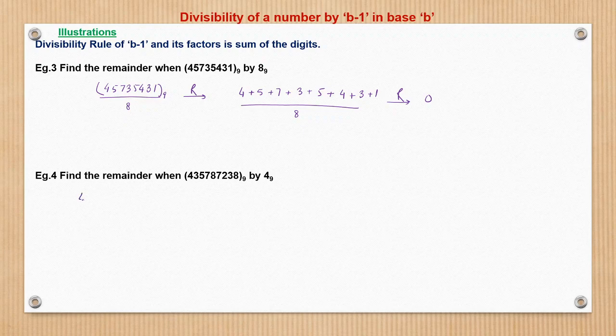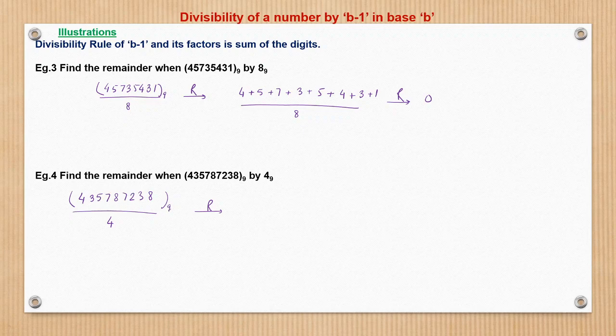Here also we do the same thing: 435787238 divided by 4, and this is in base 9. Notice that the base is 9. Ideally, if the divisor was 8, the remainder rule would be the sum of the digits.